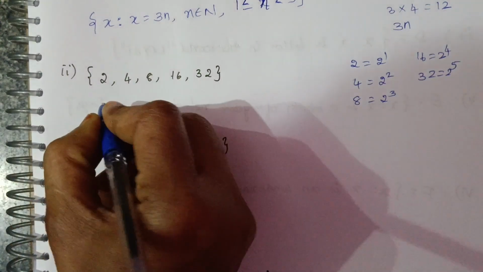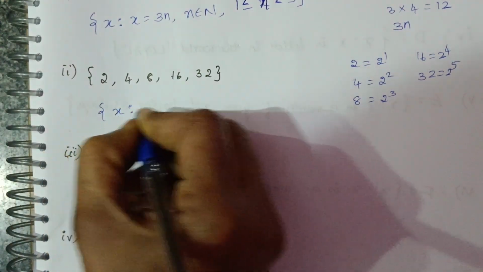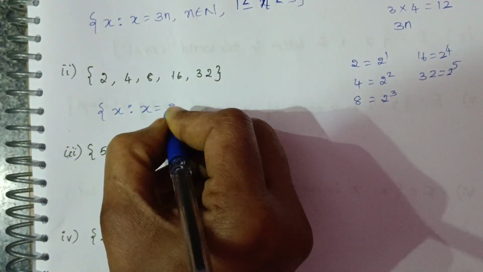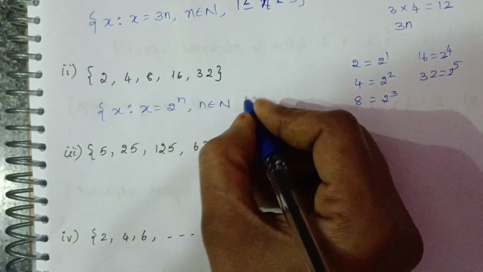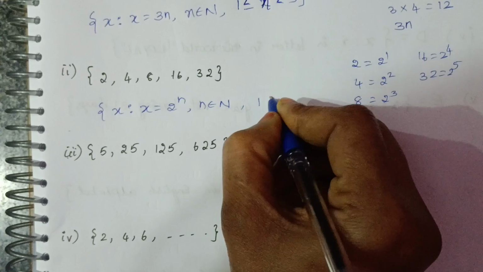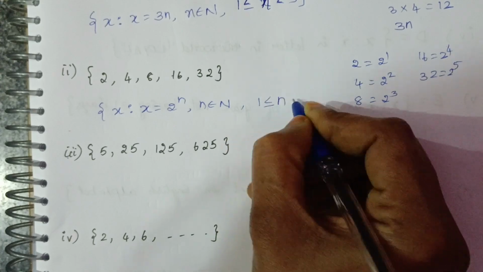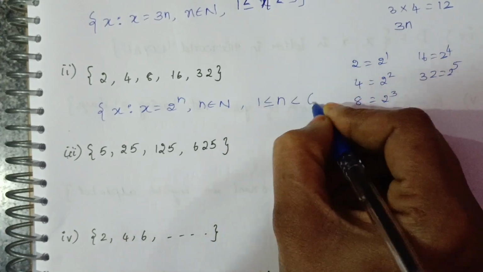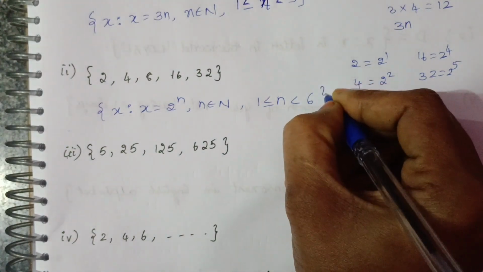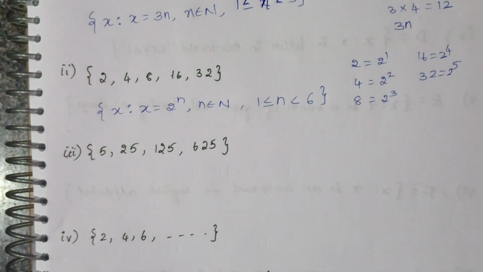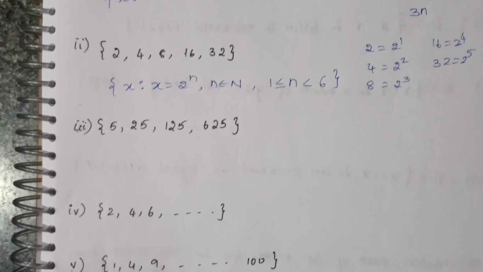So we can write x such that x is equals to 2 to the power n. Here n belongs to natural numbers and the condition of n is 1 less than or equals to n and less than 6. Up to 5 is there, so less than 6. Like this we can write it in set builder form.